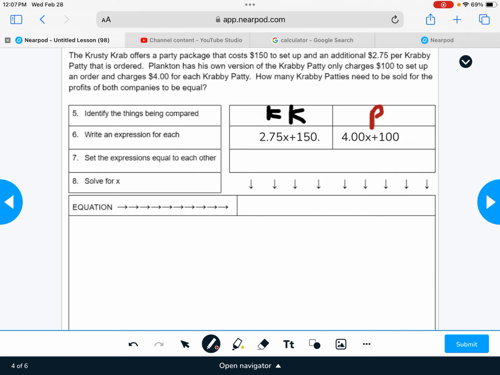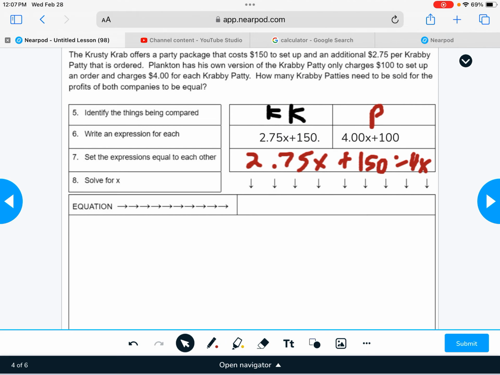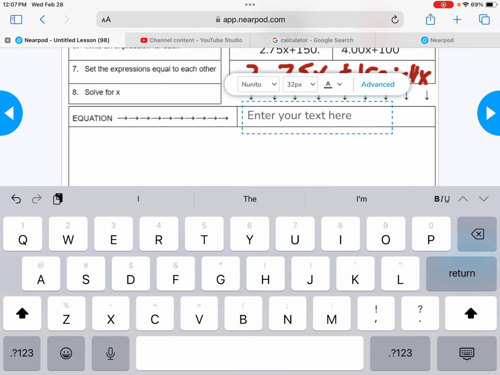Let's take a look and see what this is going to look like as an equation. I'm going to say that my 2.75x plus the 150 equals 4x plus 100. And I'm just going to write that here so that we can see it. I don't know why it doesn't let me adjust the size of that because it absolutely should, but it's whatever.